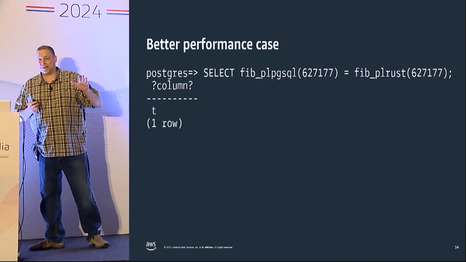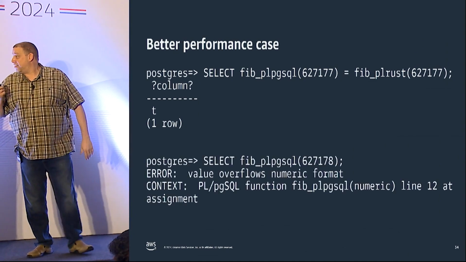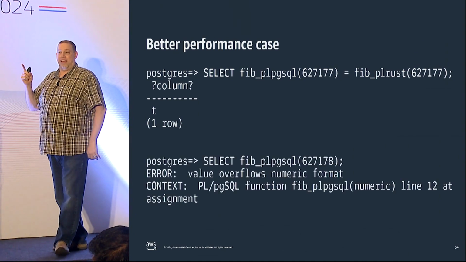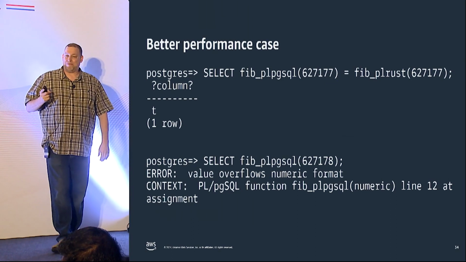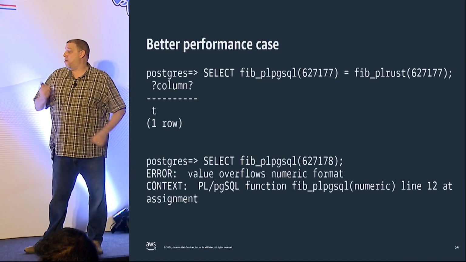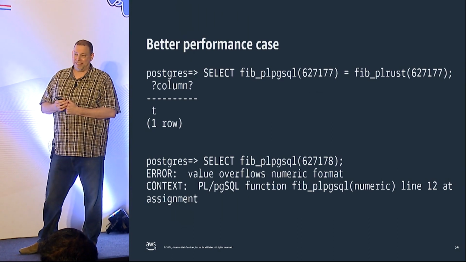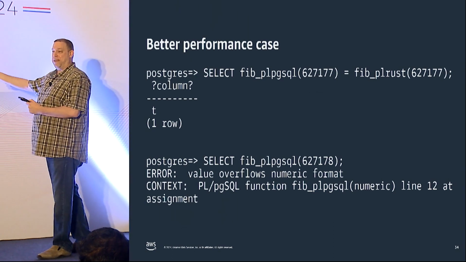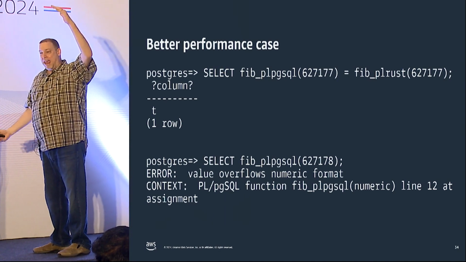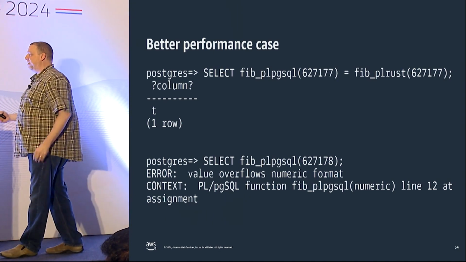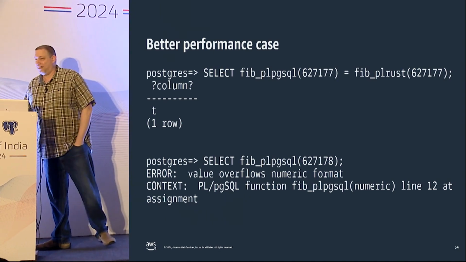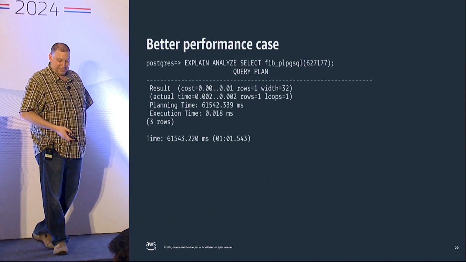A very precise number, on purpose, because if I try one bigger, it's too big for a numeric data type. And a numeric data type has 131,000 digits. So the result of this, if you run it in psql, is pages of numbers. Really, really big numbers. So what did we get out of this?